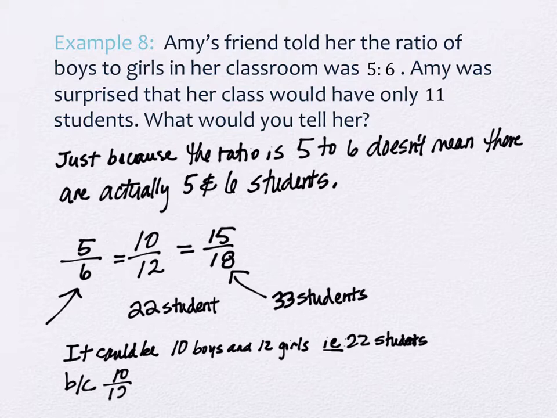Because 10 to 12 equals 5 to 6 as well. Or you could use your 15 and your 18 or whatever. Any of those would work and still give you that same 5 to 6 ratio.